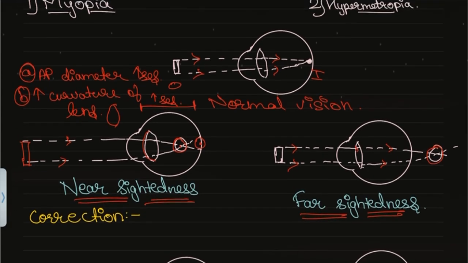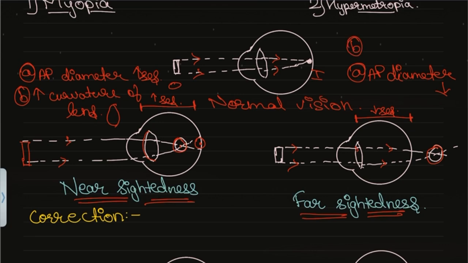That's why hypermetropia is said to be farsightedness, because far off objects can be clearly seen, but nearby objects cannot. So what are the causes? First, the anterior-posterior diameter will decrease. That is, the length between the lens and the retina will be decreased.